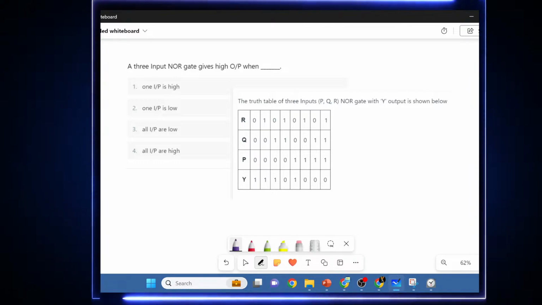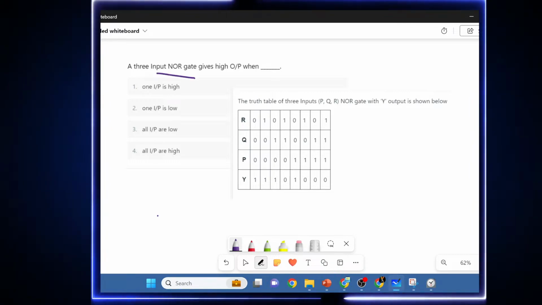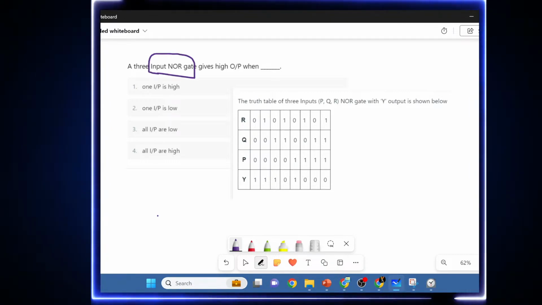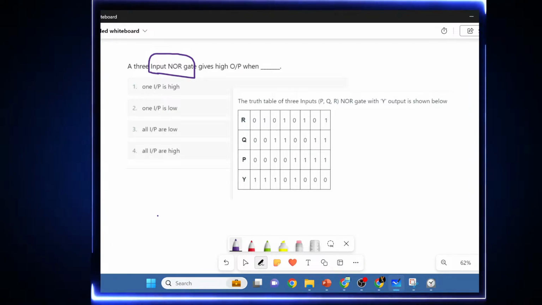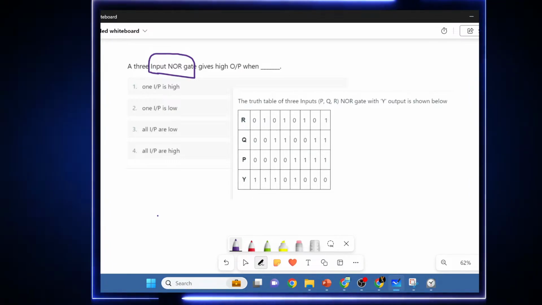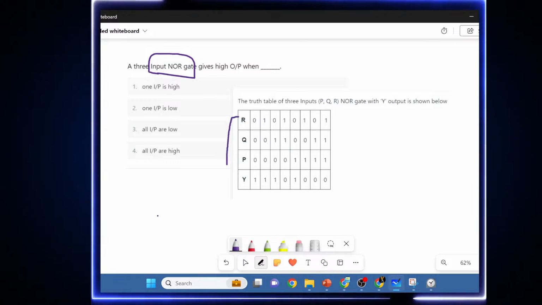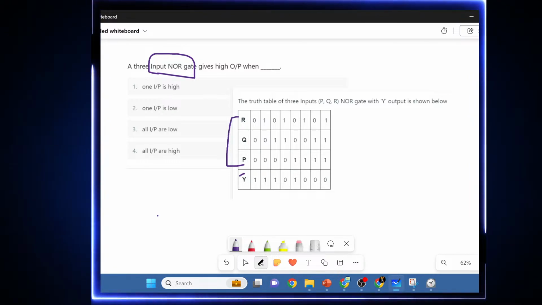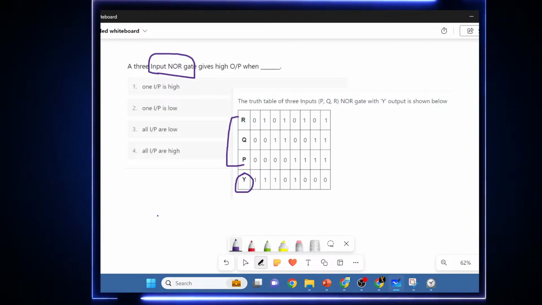So whenever such questions are asked, the simple thing to do is to draw the truth table, because from the truth table it is very easy for us to determine the output, right? So this is the truth table that we've drawn. In here we've considered the three inputs R, Q and P, and this is the output that we get when we perform the NOR operation, right? Okay.